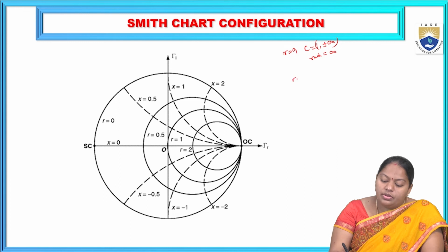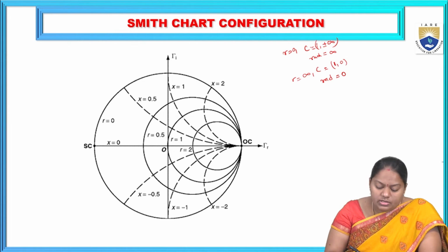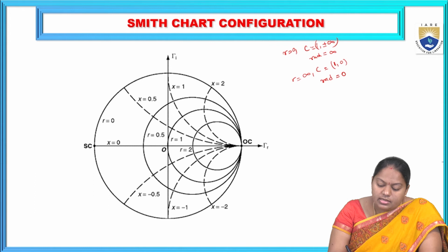Now for x equal to infinity, the center is 1 comma 0 and the radius is equal to 0. Depending upon this, the values are to be drawn as follows.